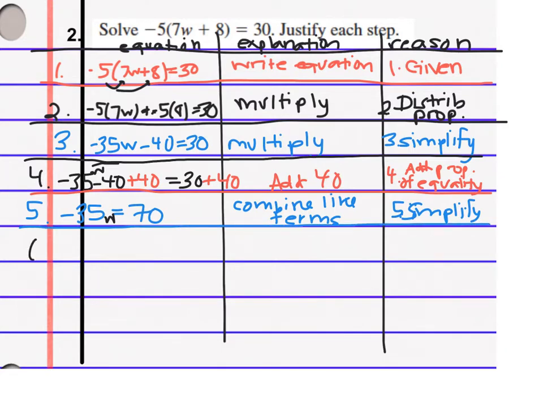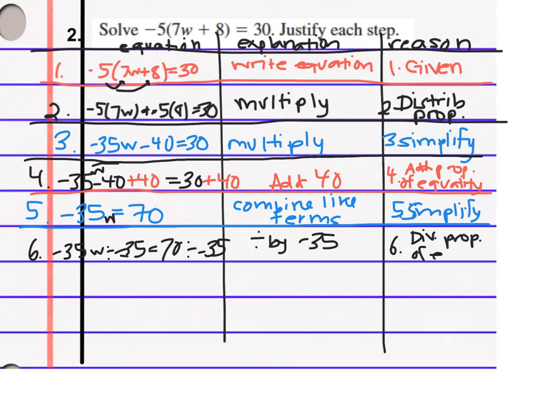Next, we need to divide each side by -35. Okay, so we're dividing by -35. That would be your division property of equality. Okay, so then what are we going to have?